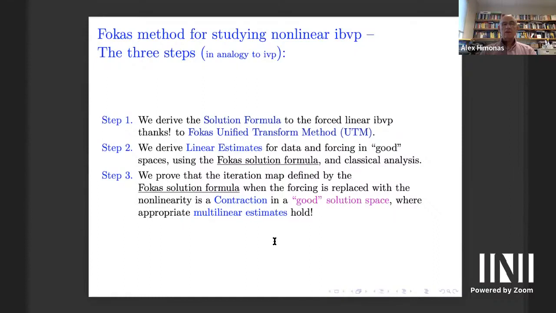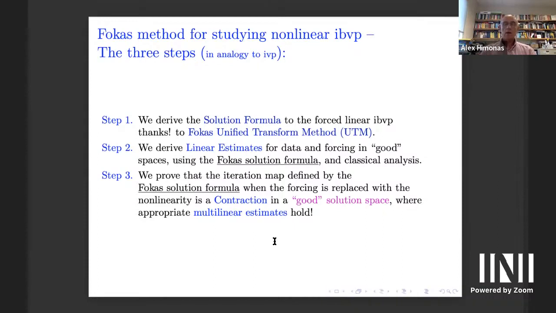Then, using this solution formula, we derive linear estimates. And then we define an iteration map, again using the UTM solution formula, and derive appropriate multilinear estimates in good solution spaces, which gives us the well-posedness.